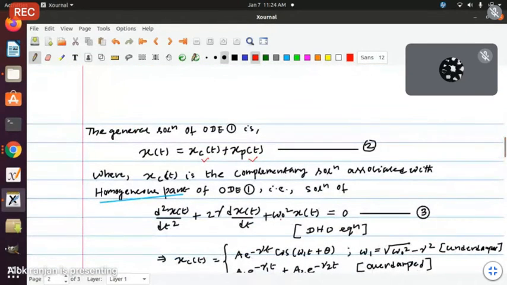So that means the solution of equation 3, whatever the solution of equation 3, is the complementary solution associated with the linear non-homogeneous equation. And this is nothing but the equation for the damped harmonic oscillator, and we already know the solution for the damped harmonic oscillator.